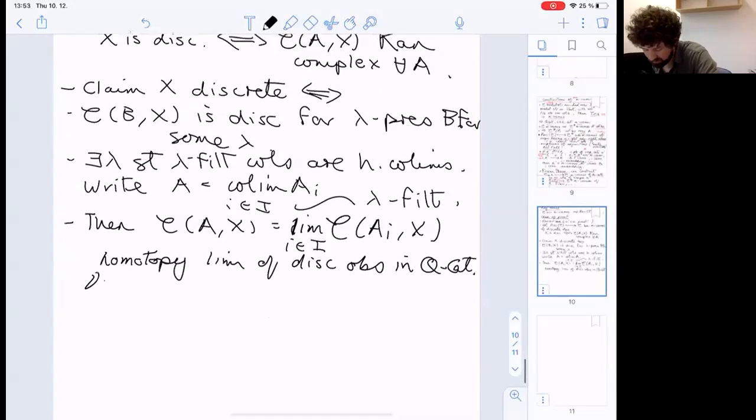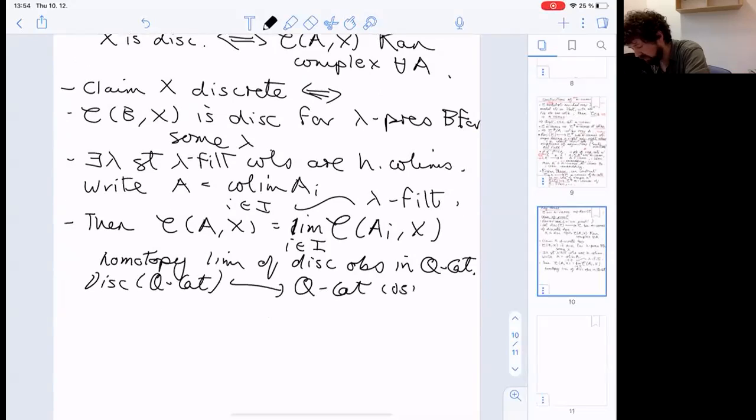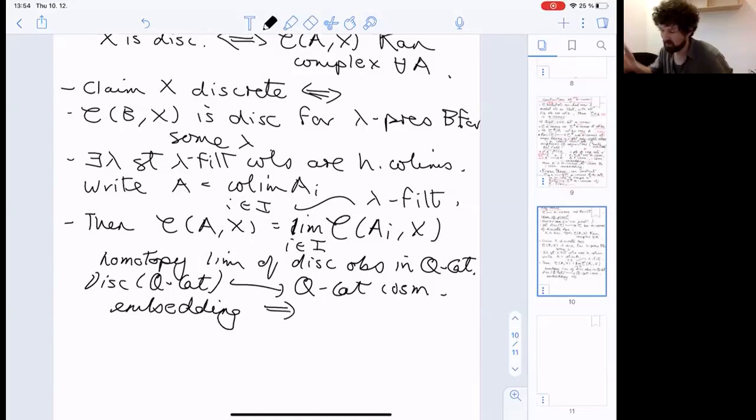Okay, and now, so Disc for QCat, for example, is a cosmological embedding. So it's closed, say, under flexible limits and stuff like this, but because it's homotopy replete, it implies that it's closed under homotopy limits.